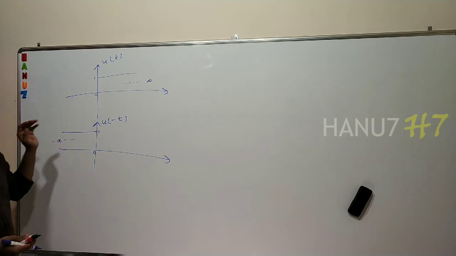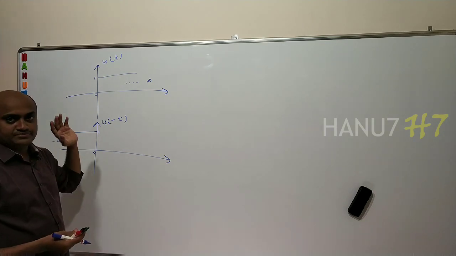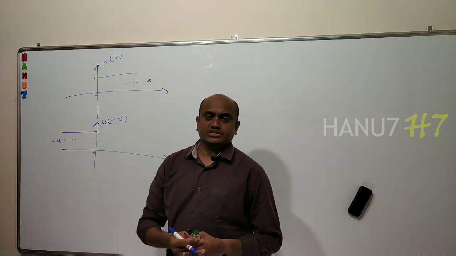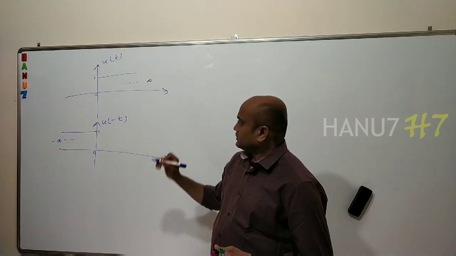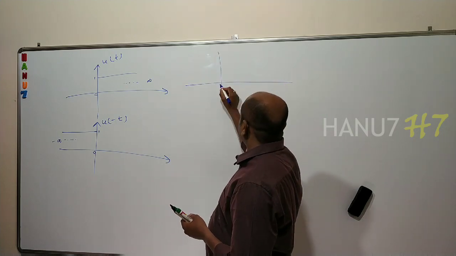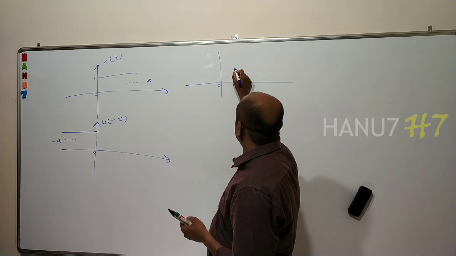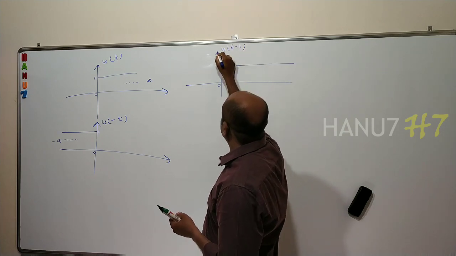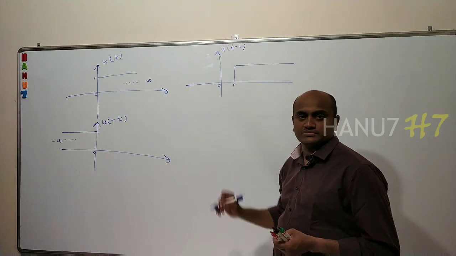So this everyone knows. In the operations also we have seen what is the folding operation on a unit step signal. Now take another example of unit step which is delayed by 1 unit.